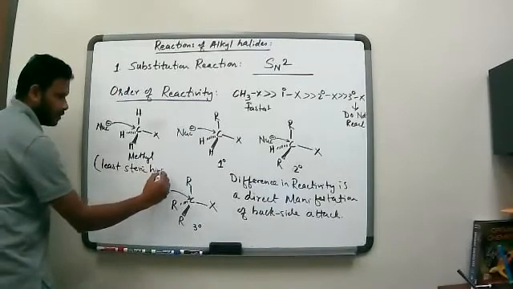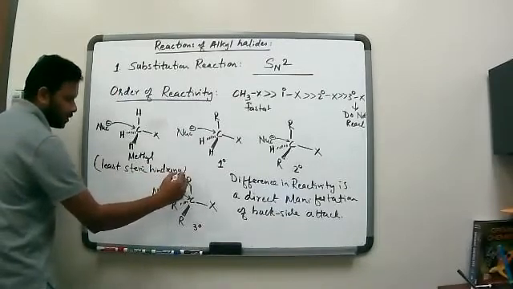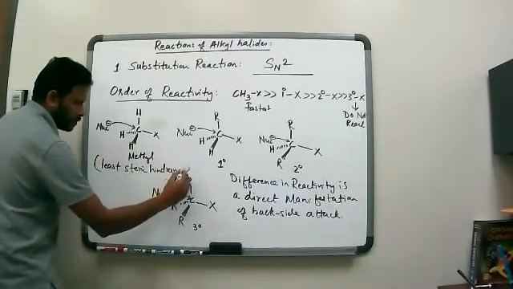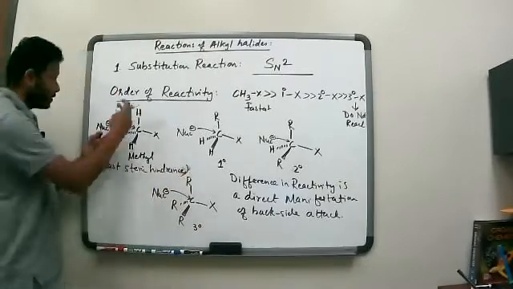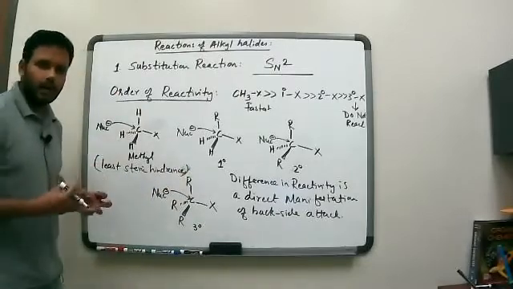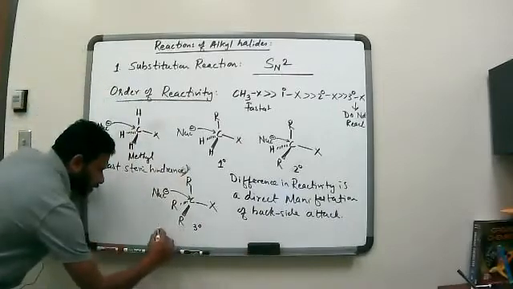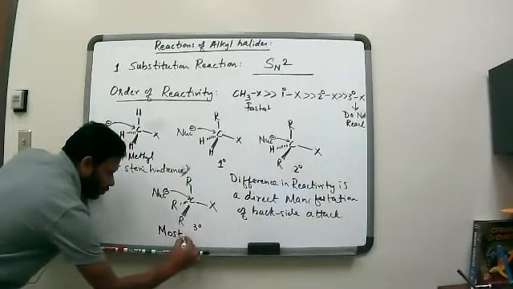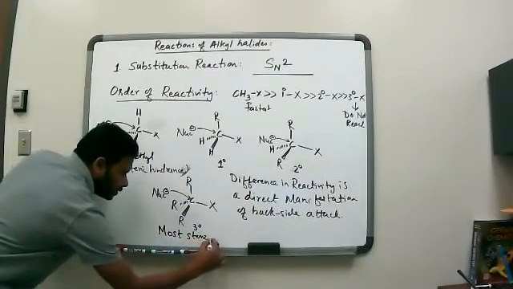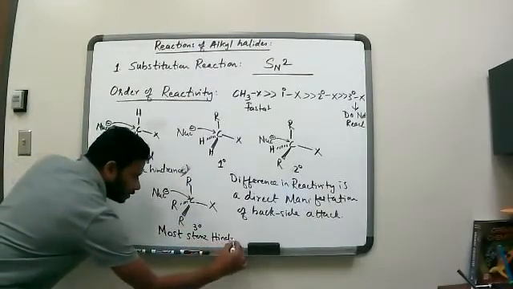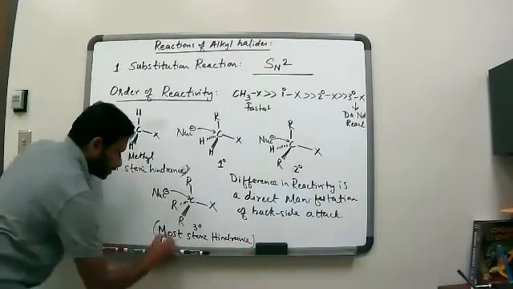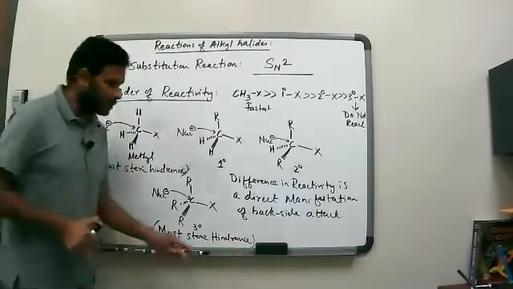steric hindrance. In fact, it is almost like none because these are all hydrogens. Those are small atoms. So that has the least steric hindrance. And the tertiary here has the most steric hindrance. Okay, this has the most steric hindrance.